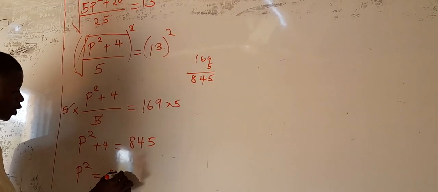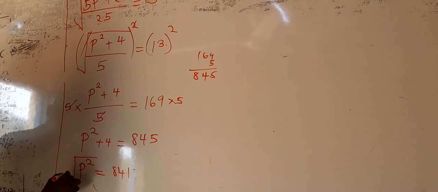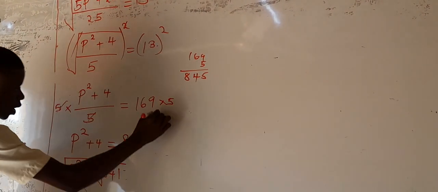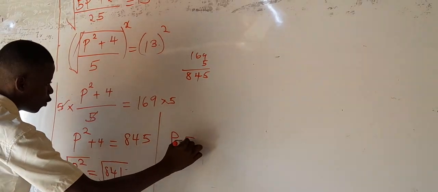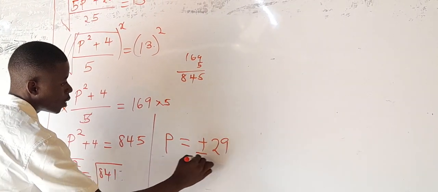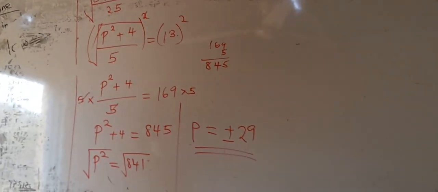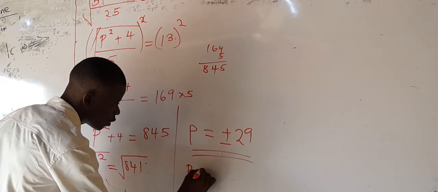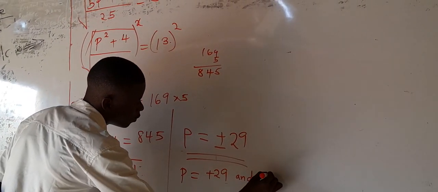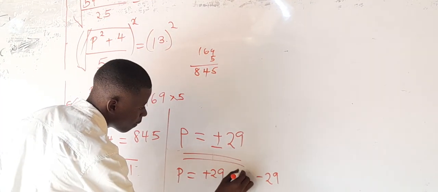It is 841. Then we find the square root of P squared, so our P is going to be positive or negative 29. So this one now becomes our answer. The possible values of P are positive 29 and negative 29. So it can be this one or this one.